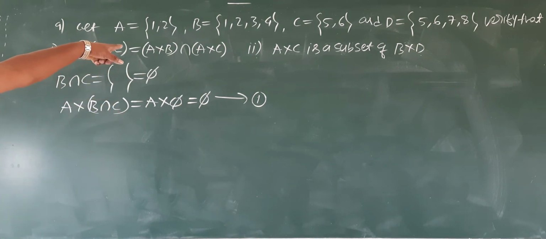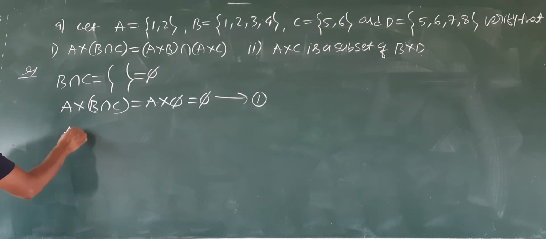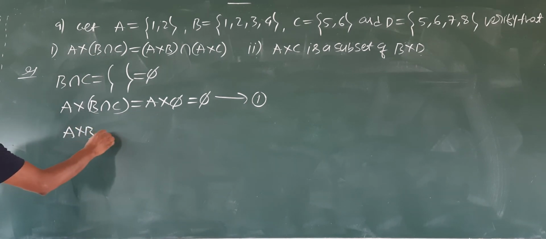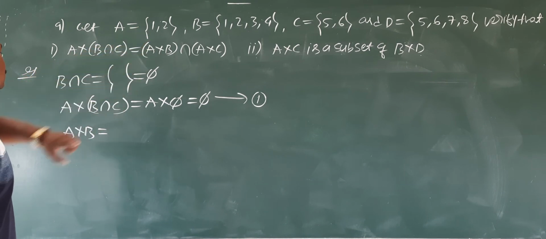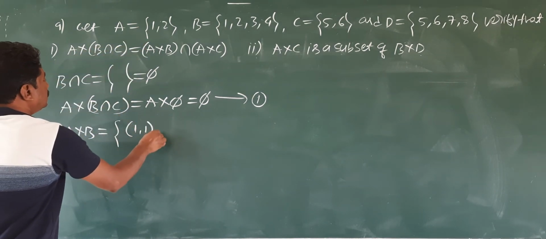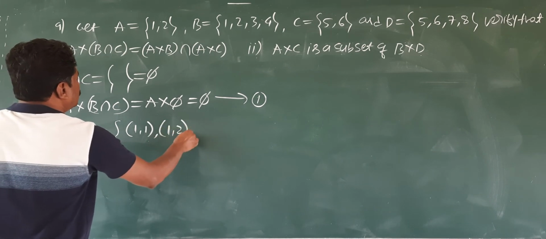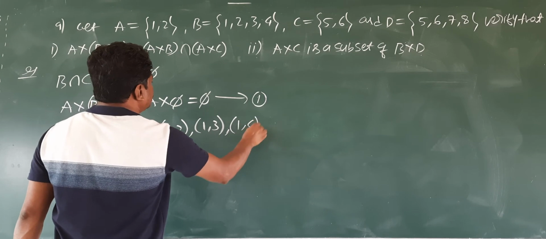Next you go for finding the RHS, the right side. A cross B. So tell me the A cross B ordered pairs. 1, 1. 1, 2. Next 1, 3. Next 1, 4.